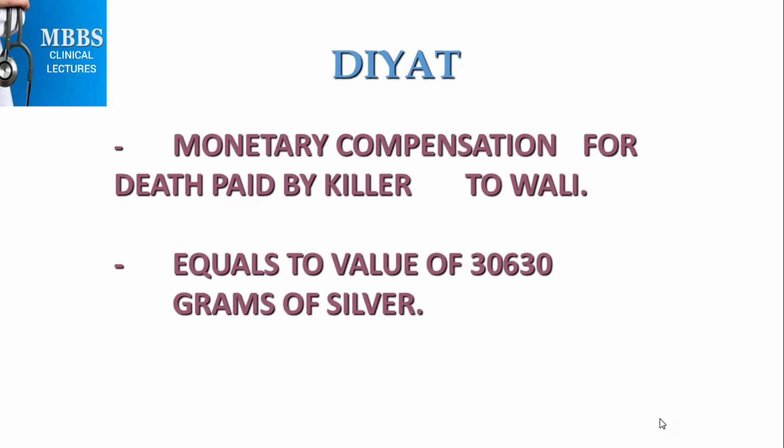So that is the term qisas. Then the other term is diyat. This means monetary compensation for death paid by the killer to the wali. If anybody causes the death of another person, then that person is liable. If the court decides, then that person is liable to pay the amount to the family, legal heirs, or wali of the victim, and this amount is fixed, which equals the value of 30,630 grams of silver.